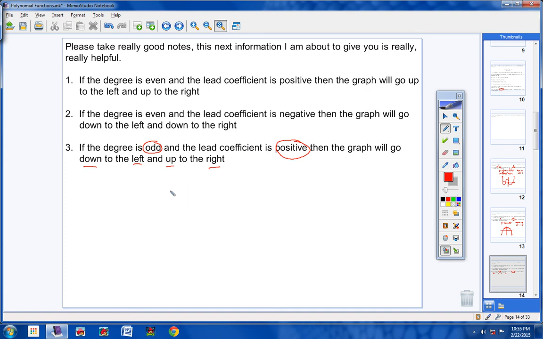Okay, while you're copying that down, here is a polynomial function I would like you to copy down. Please copy that down.